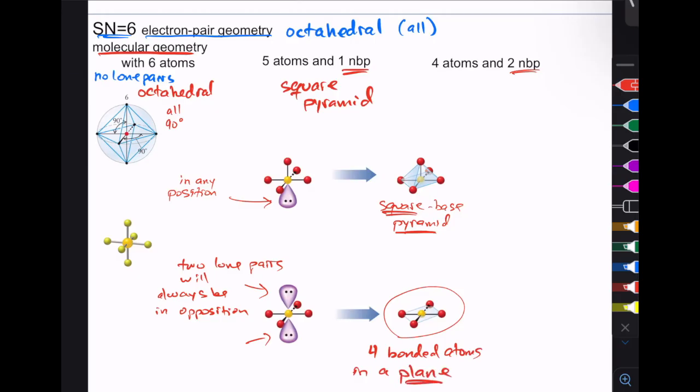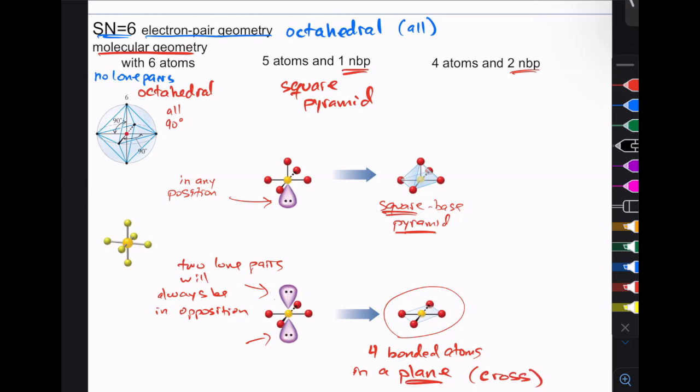And that's, again, because we've got the same repulsion. I don't want to draw more red arrows here. You've got the same repulsive force from the lone pairs coming from opposite sides. It's going to leave the 4 bonded atoms that remain in a plane. So this could be drawn like a cross now, for example.